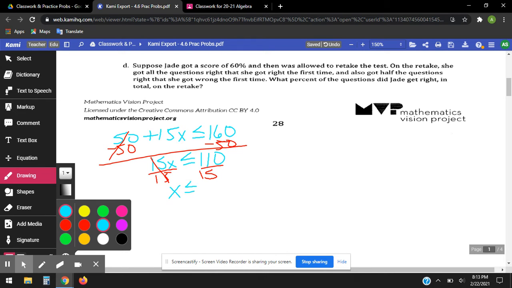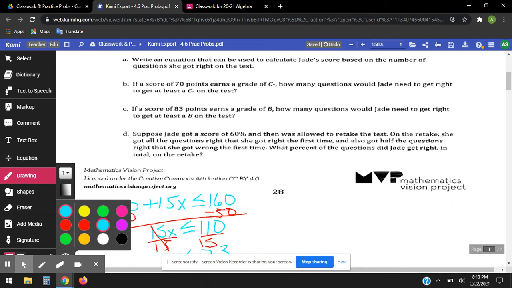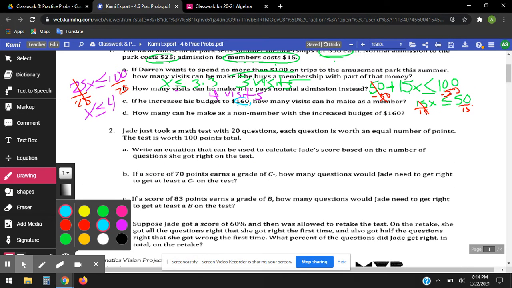X is less than or equal to 7.3. So this time he can do 7 visits, right? So it's still less than, he can't go over the 7 visits. Now we want to know what he can do as a non-member with 160.